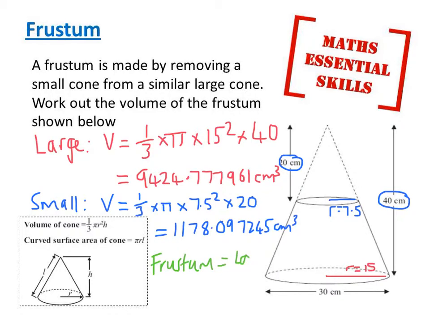Again, I haven't got room to show that working out, but I'd certainly do that on the exam paper. When I do this on my calculator, I get the answer of 8,246.680716 centimeters cubed. Again, I've not been asked to round it, so I'll not round it.